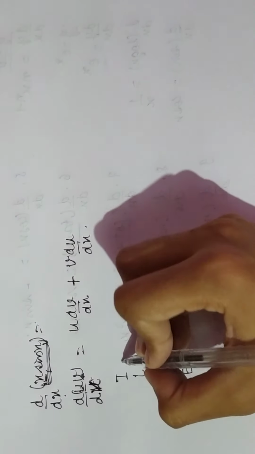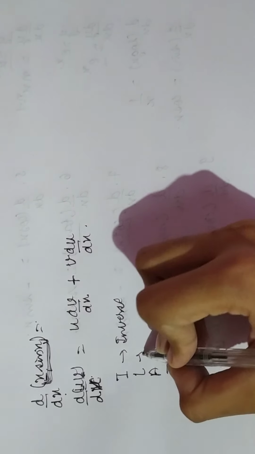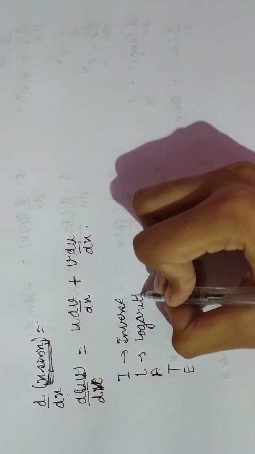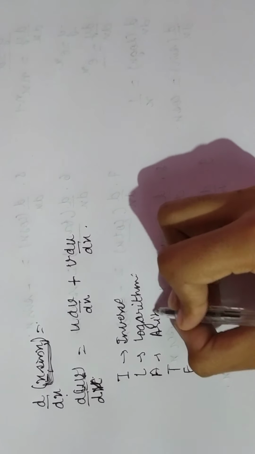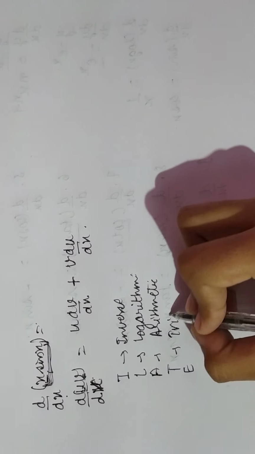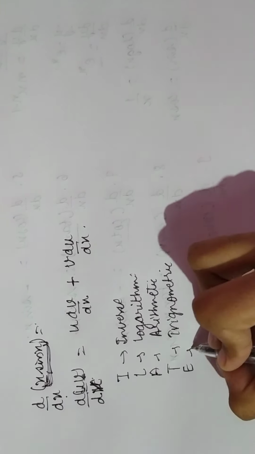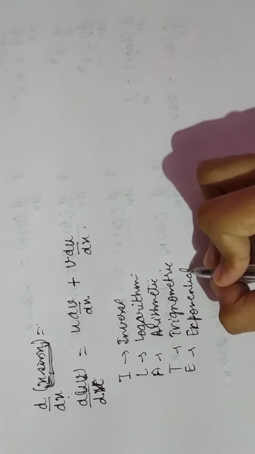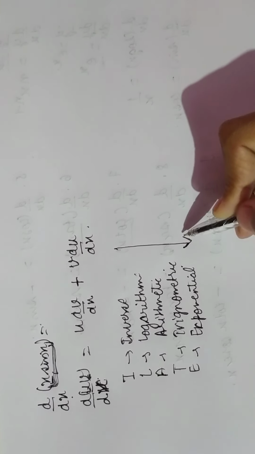Okay, first one, I stands for inverse, L stands for logarithmic, A stands for arithmetic, T stands for trigonometric, and E stands for exponential. Okay, so in this way we have to consider the functions as first and second.